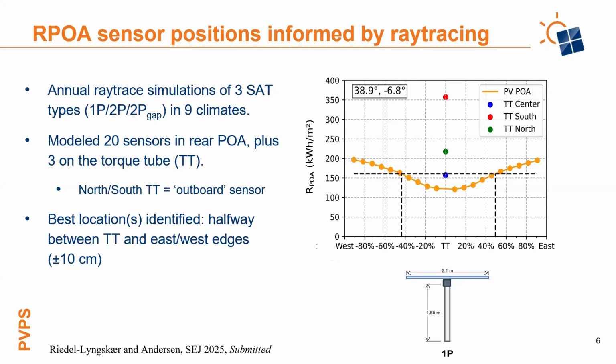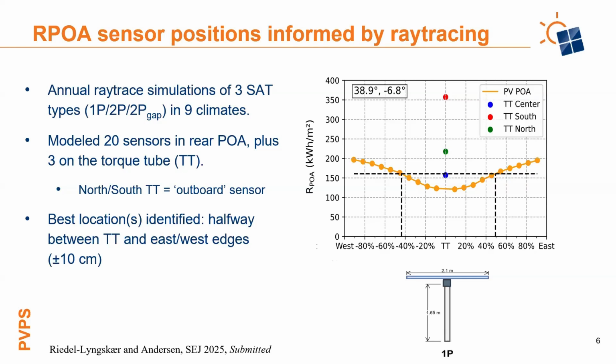And then in this case, the south-facing sensor is, I don't think the standard calls it this, but it's been referred to as an outboard sensor, where that location maybe isn't representative of the whole array, but it is free of shading obstructions or structural objects. So what you're looking at is from the west and the east, you see a brightening effect there, and then towards the middle where the torque tube is, there's more shading there.